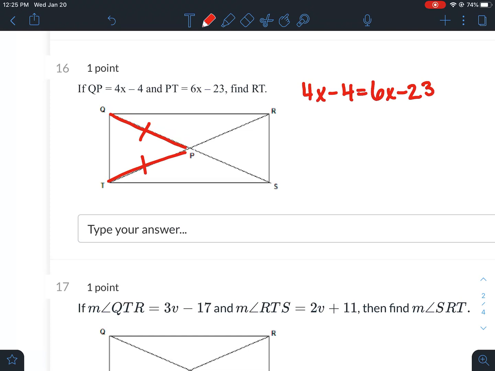So I'm going to get 2x equals 19. Let's see, is that right?